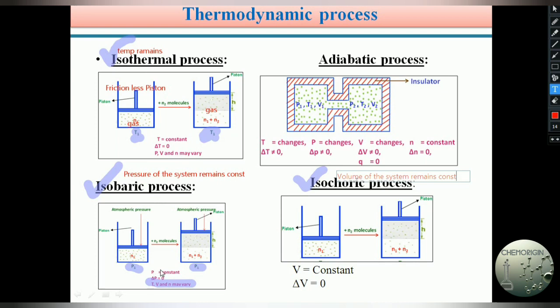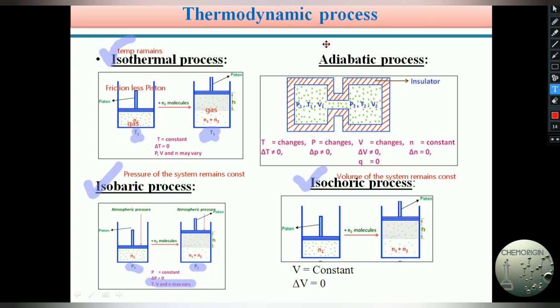Therefore, the change in pressure, initially P1 and finally P1, P1 minus P1 is 0. Therefore, delta P is also 0. In the isochoric process, volume is constant, initially V1, finally V1. Therefore, V1 minus V1 equals 0. That's why delta V equals 0.